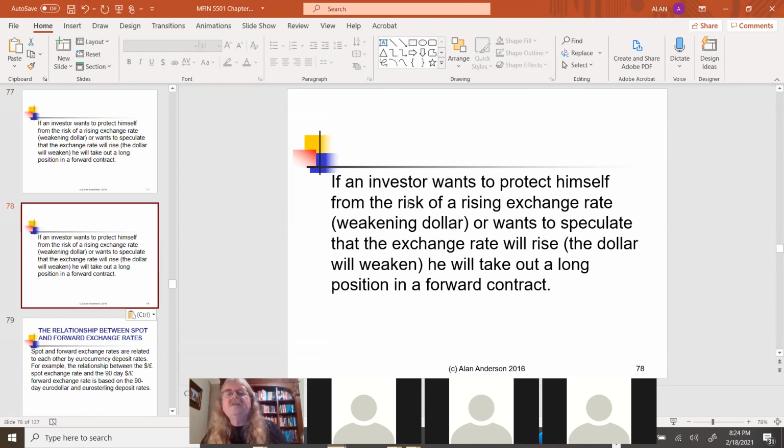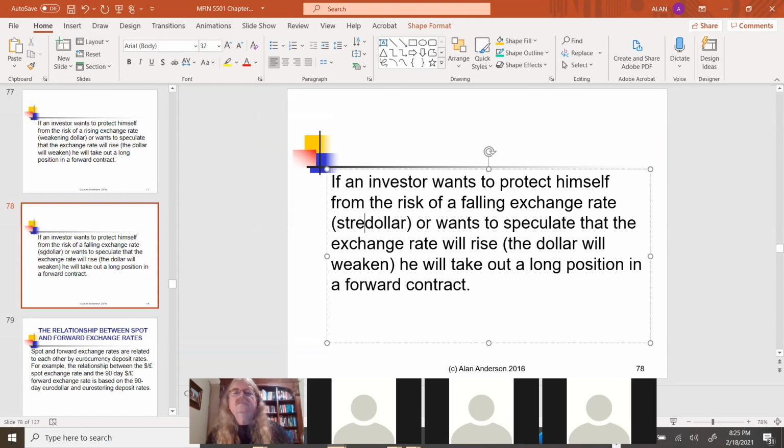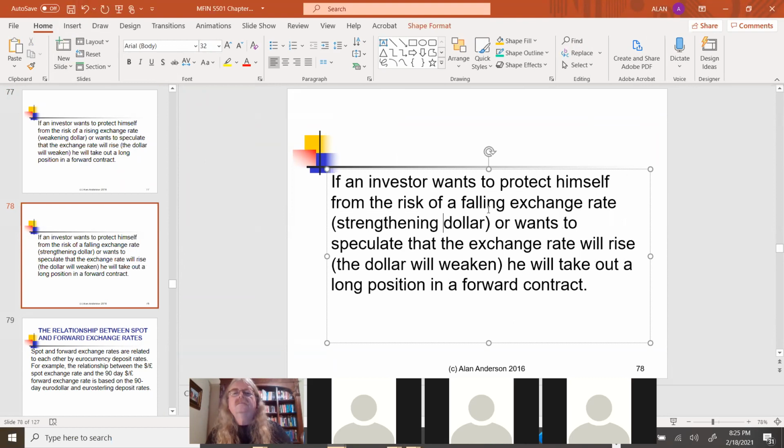If an investor wants to protect himself from the risk of a falling exchange rate, which could happen, strengthening dollar, or wants to speculate that the exchange rate will fall or the dollar will strengthen, he will then take out a short position in the forward contract.